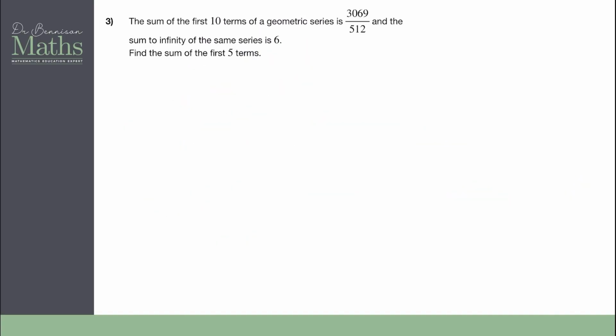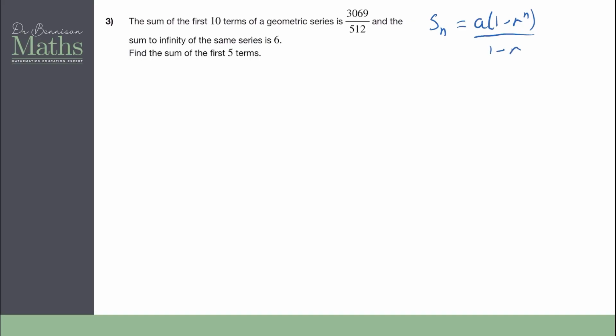So our final example is about a geometric series now, and we know that the sum of the first 10 terms is 3069 over 512, and the sum to infinity of the same series is 6. Okay, so this time, we're going to use the fact that in the formula book we've got our Sn formula, that's a times 1 minus r to the n over 1 minus r.